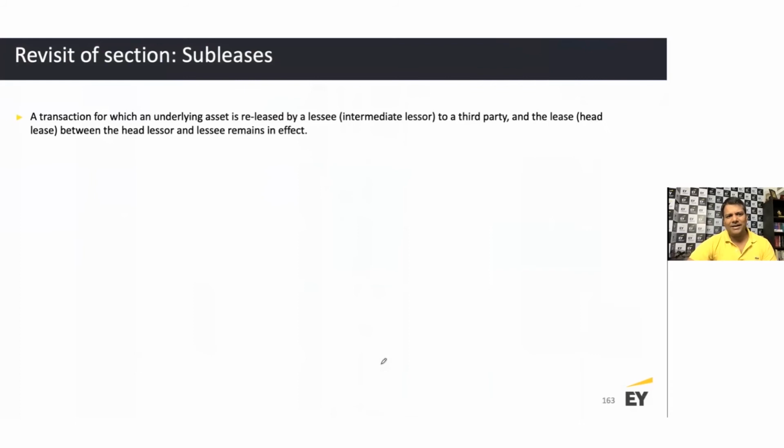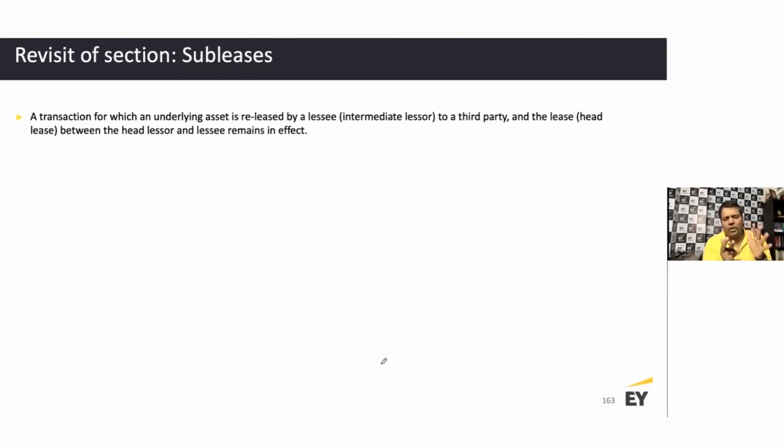Okay, so let's quickly summarize what we've talked about from a sublease perspective. There's an original lessor, an intermediate lessor, and then the end user, the lessee, and you will do the evaluation. The accounting for the original lessor doesn't change.